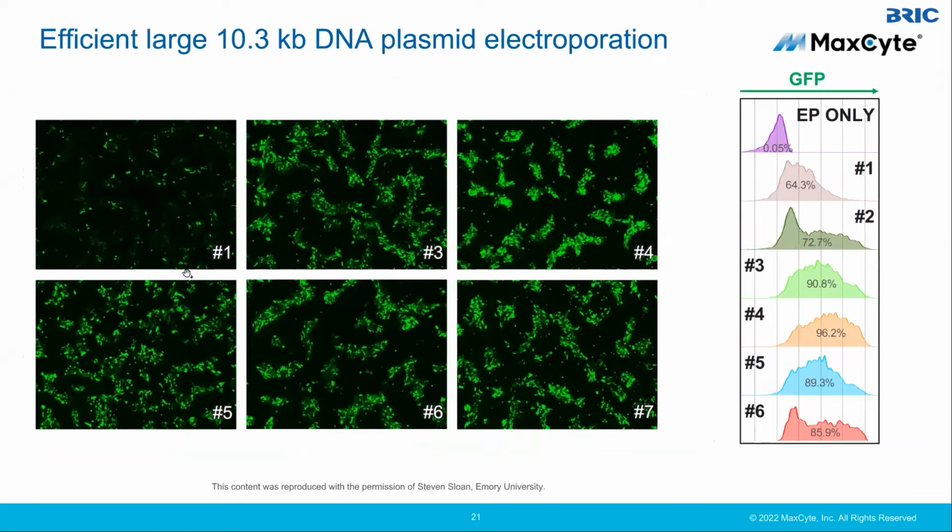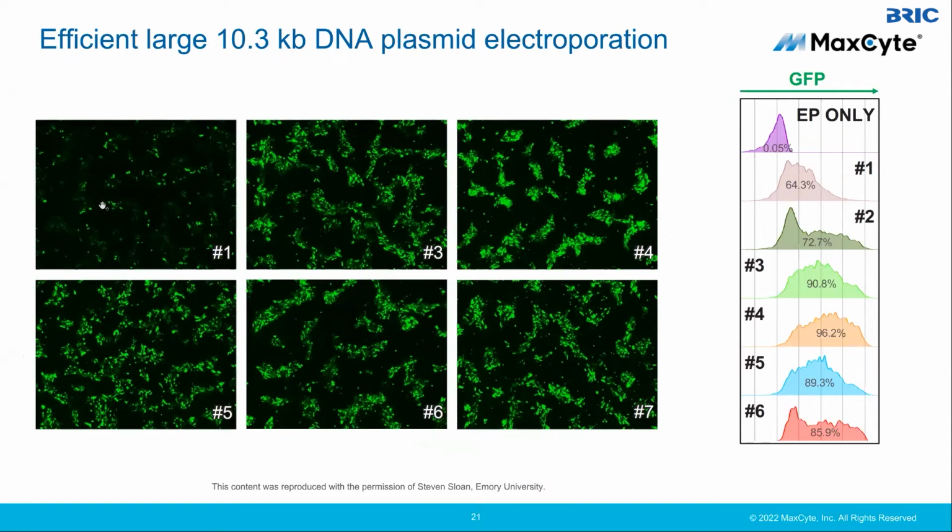Earlier, the examples I showed were with about a 5 kb plasmid. Here, we're looking at a large DNA plasmid expressing GFP. This is about 10.3 kbs. And we were trying to optimize electroporation protocols for larger DNA.